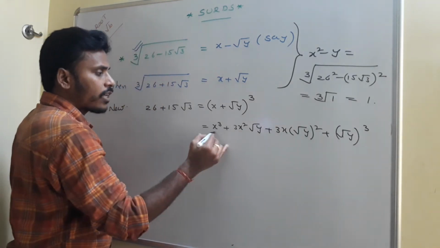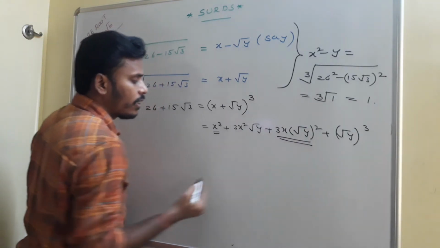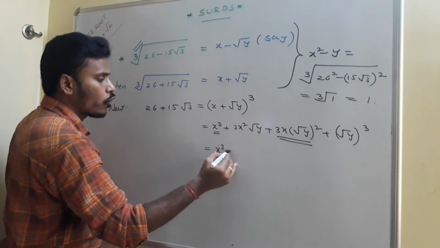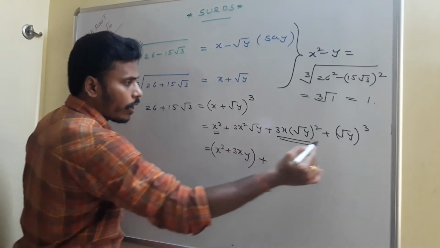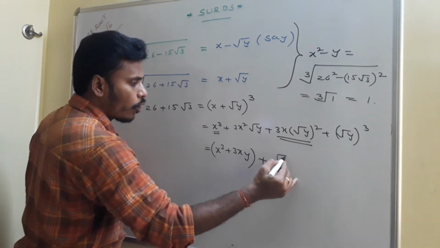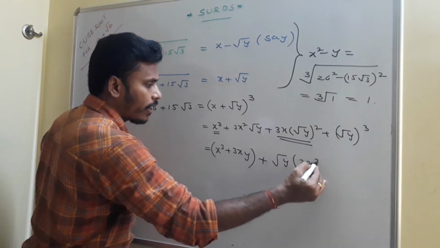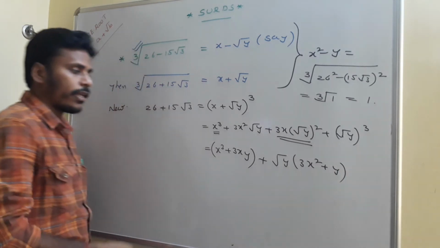So now this x cube and this 3x root y square are the rational part. So x cube plus 3xy, plus this 3x square root y and this y root y. If you take root y common, you will get root y times 3x square plus y.